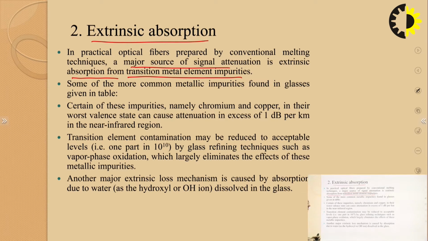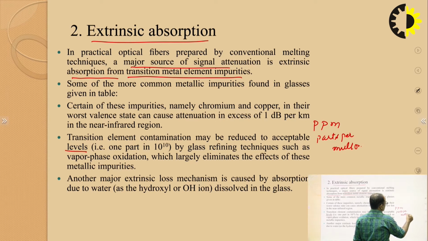So these transition element impurities must be reduced to acceptable levels, and this acceptable level is generally expressed in terms of ppm, parts per million.